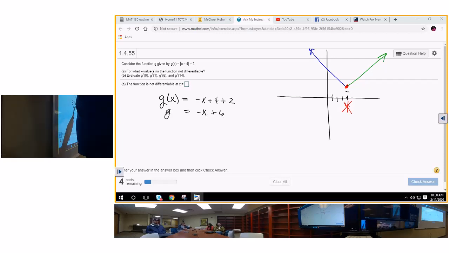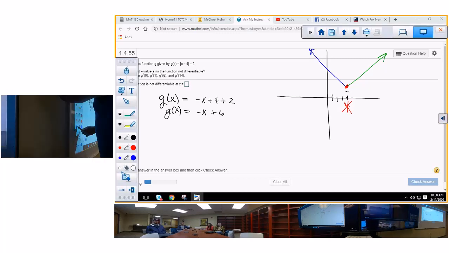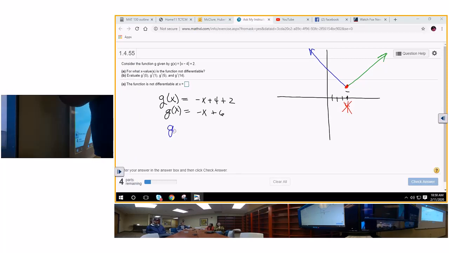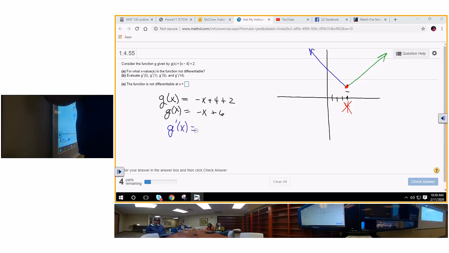That's g of x, which is the blue line. So I'm going to write g prime of x. g prime of x would equal what? Well, this is a 1. So what's the derivative of negative 1x?